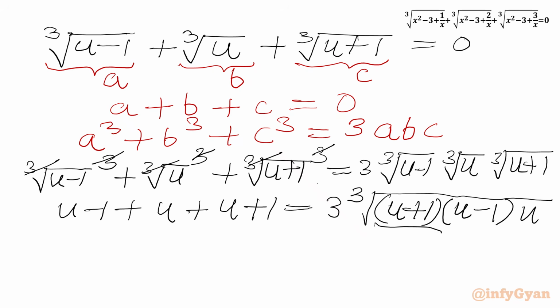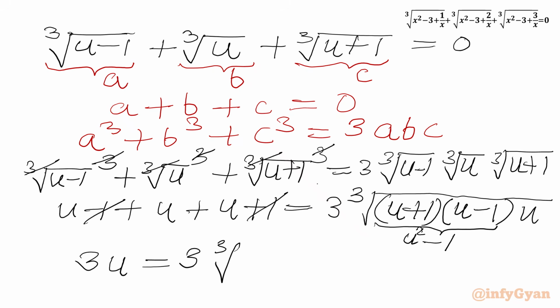Now from these two brackets, it is reminding a plus b times a minus b. So we will use the difference of two squares formula and write u square minus 1. Plus 1 and minus 1 will cancel out in LHS. So u plus u plus u, 3u. In RHS we have 3 cube root of u times u square minus 1.